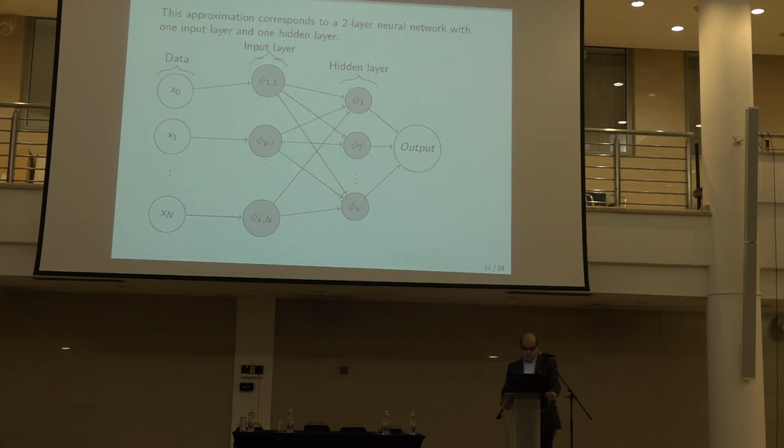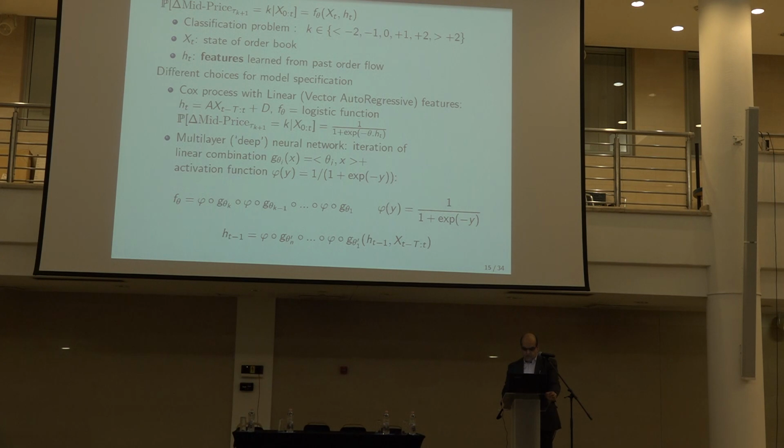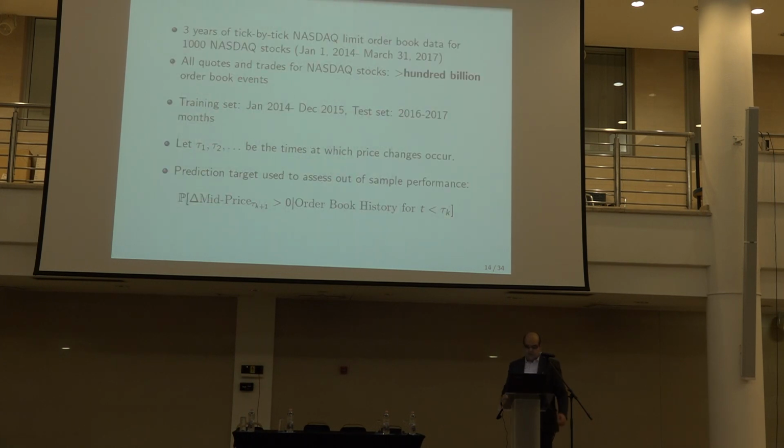So what we do here is we look at the particular times where the prices change. That's typically the most interesting thing for somebody trading in the market. So this is already sampling the data. And based on what has happened up to the last price change, I try to predict the next price change.